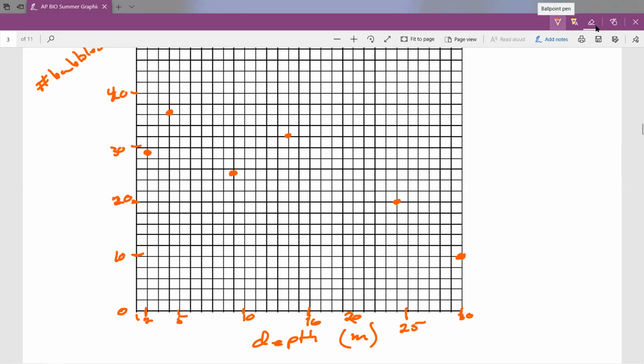It turns out that bubbles is not a highly technical, highly refined measurement, and these have some margin of error. So the line should be a best fit line that would look something like that. Some are above, some are below, and it kind of averages out like so.